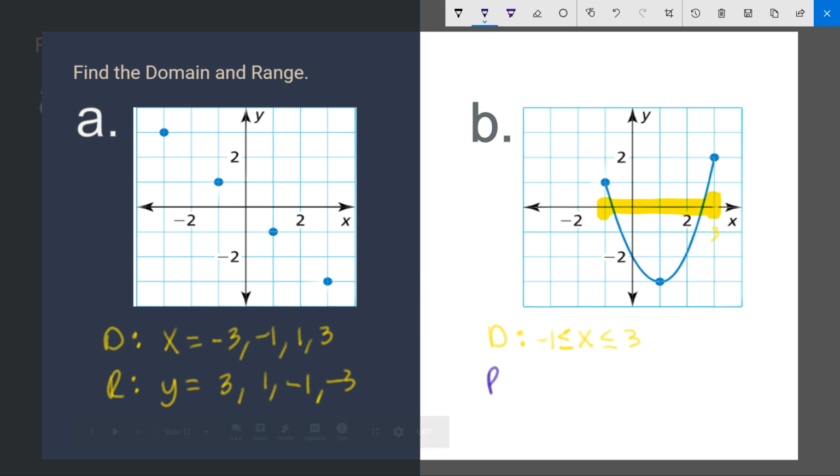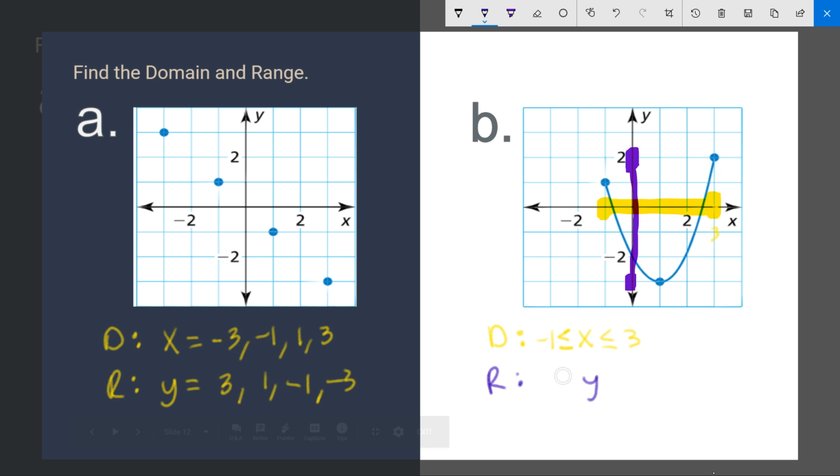Okay, and then with range, we're looking at where's the lowest that is drawn up until the highest point that is drawn. So compared to the y-axis, because we're going vertically, our smallest value is -3 up until equaling 2.